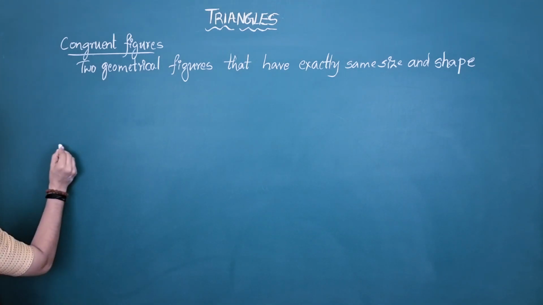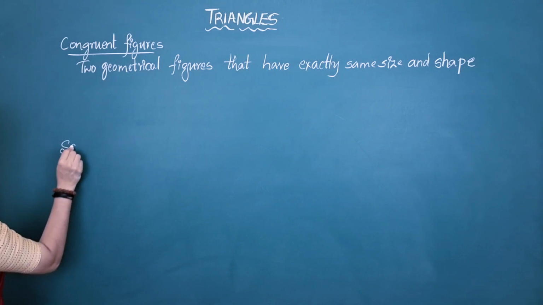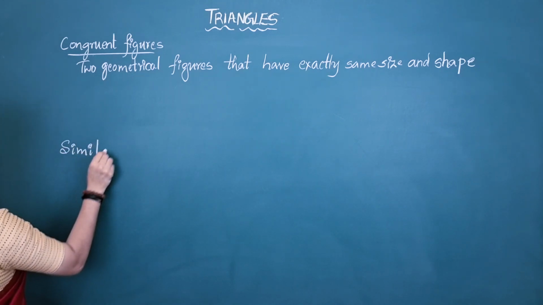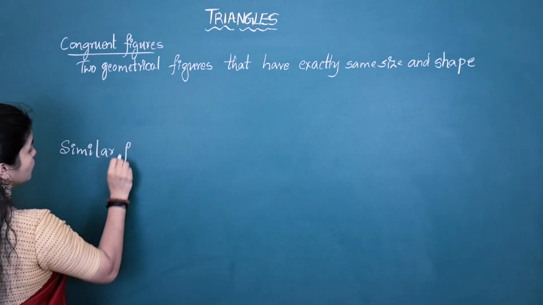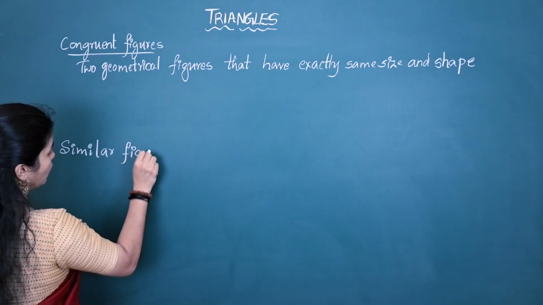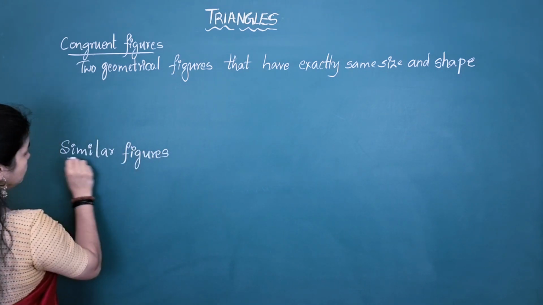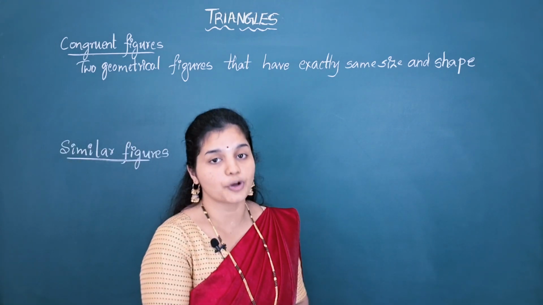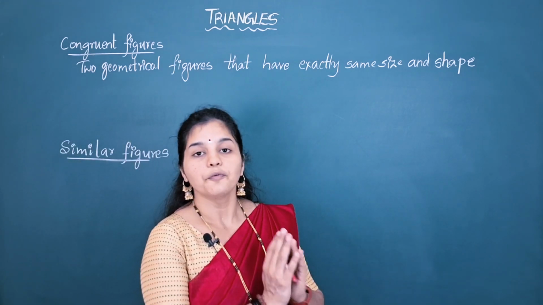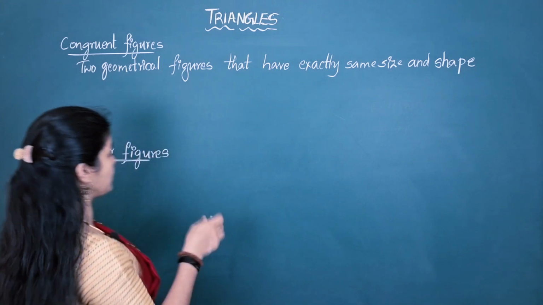Now let us see what similar figures are. So ಇದೆರಡು ಕಾನ್ಸೆಪ್ಟ್ ತುಂಬಾ ಇಂಪಾರ್ಟೆಂಟ್. ಹಾಗೆ ಅವುಗಳ ನಡುವಿನ ಡಿಫರೆನ್ಸ್ ಏನು ಅಂತ ಹೇಳುವಂಥದ್ದು ಕೂಡ ನಿಮಗೆ ಅಷ್ಟೇ ಕ್ಲಿಯರ್ ಆಗಿ ಗೊತ್ತಿರಬೇಕು. So now we have similar figures. Similar figures are those geometrical figures which have same shape. Okay.